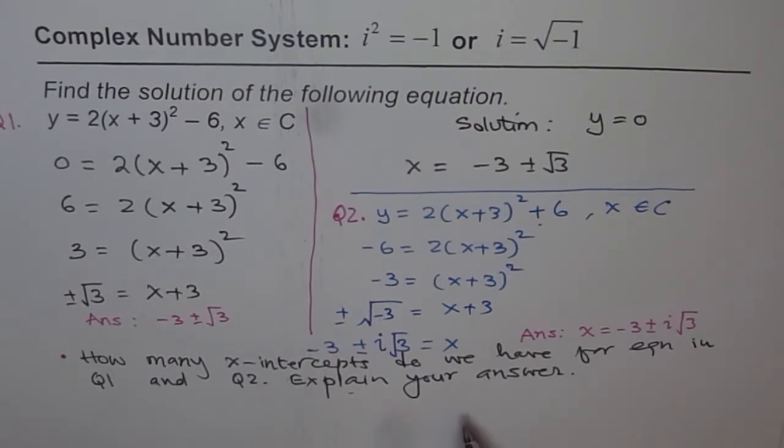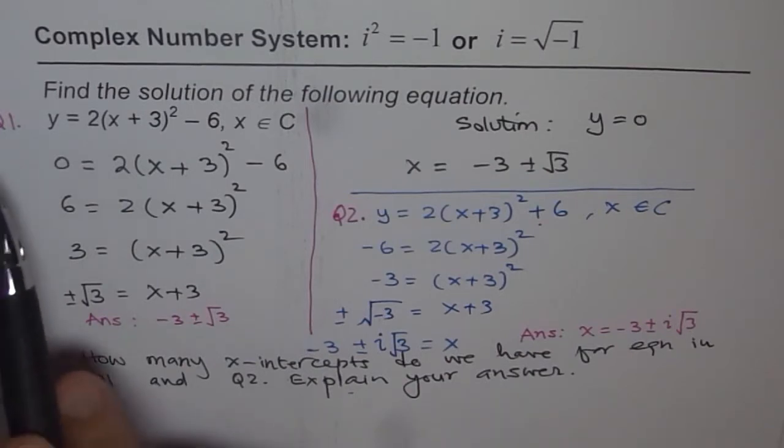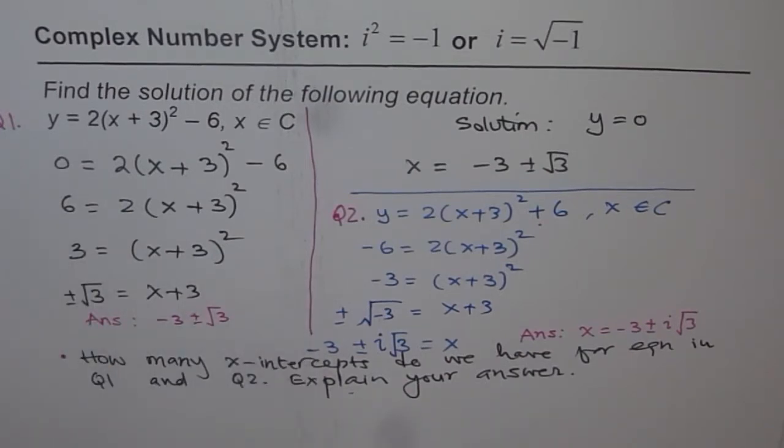Explain your answer. Can you also tell me how many solutions we have for question 1 and question 2, or how many zeros we have?